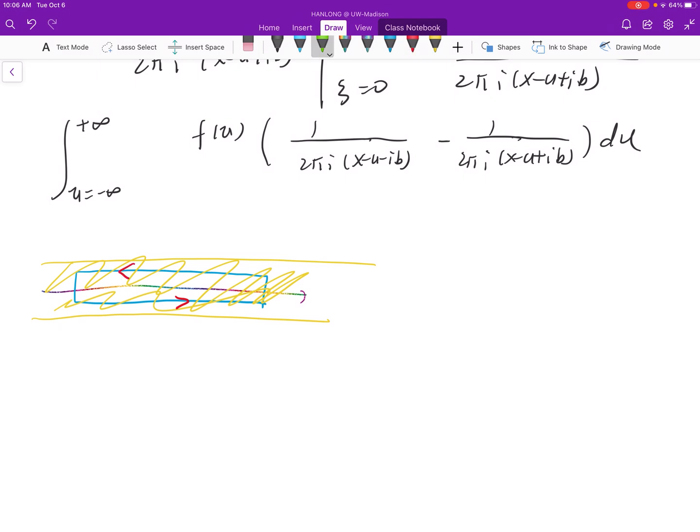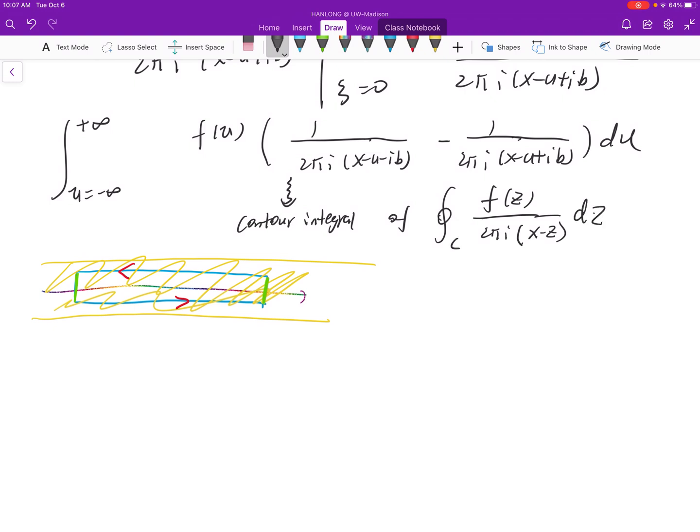Of course, you have the two blue vertical ones missing, but when you take the limit, this corresponds to the contour integral of f(z) divided by 2πi(x−z) over the contour, dz.